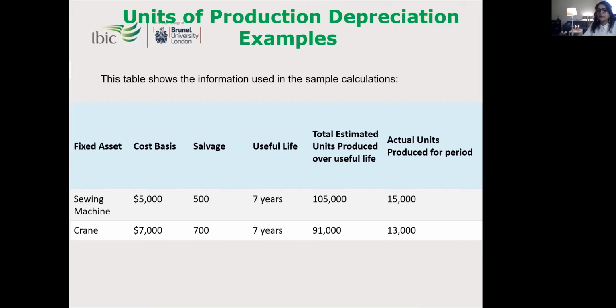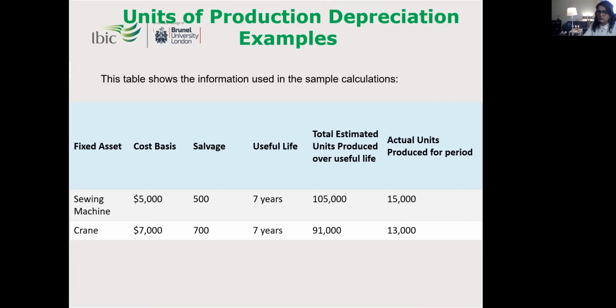The unit of production depreciation method requires the cost basis, salvage value, estimated useful life, total estimated lifetime units, and actual units produced for the same calculation. So how are we going to calculate that? As I said, we need to go through 2 steps.